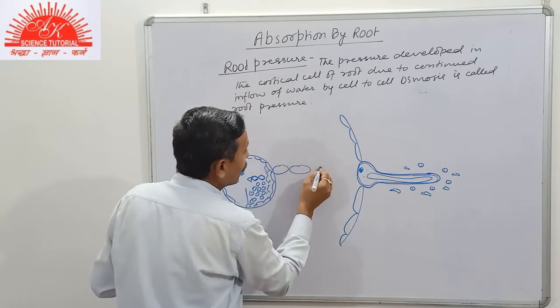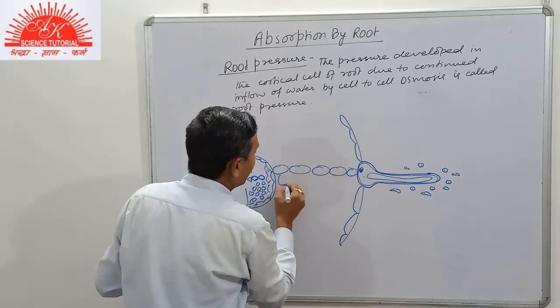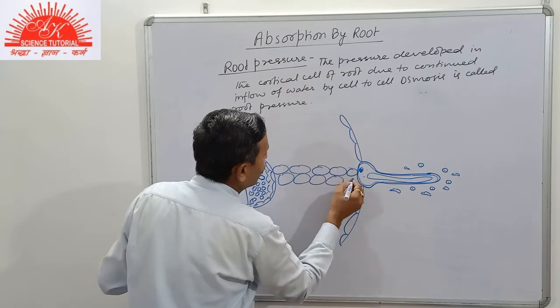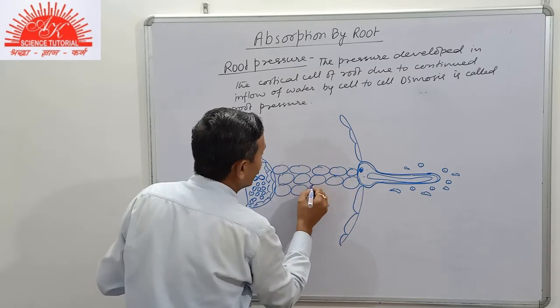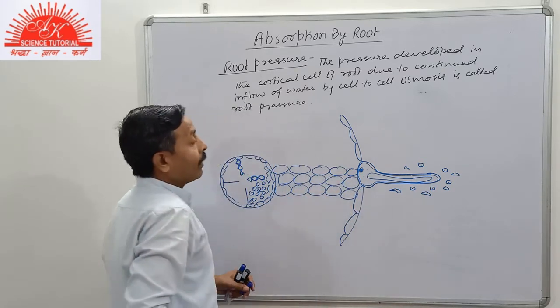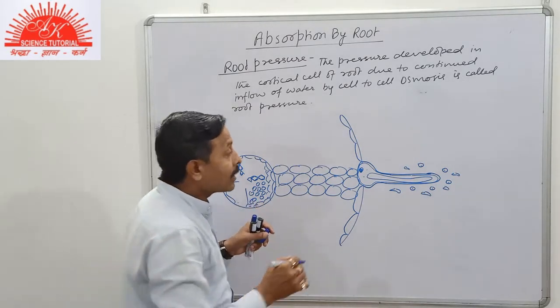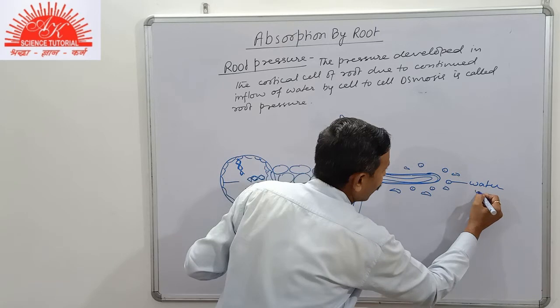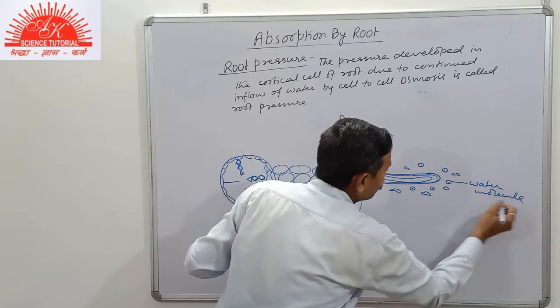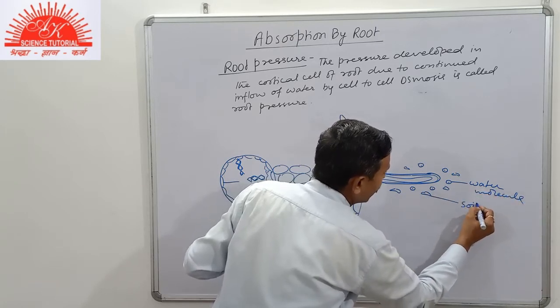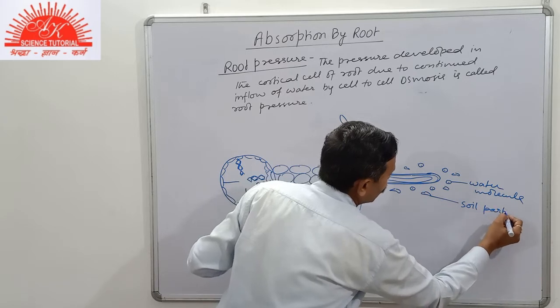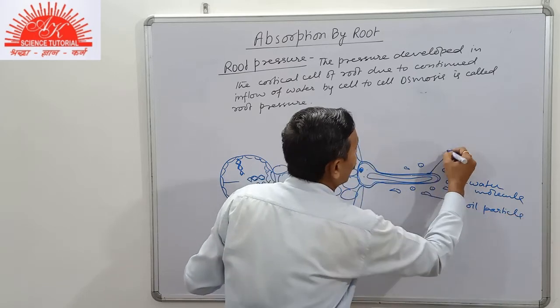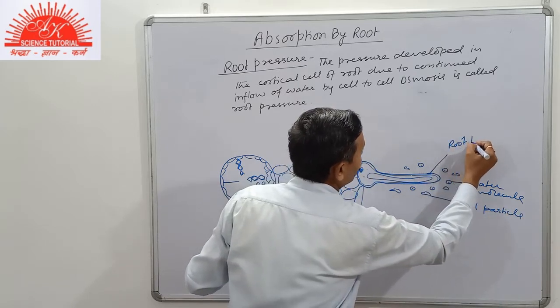There are also parenchymatous cells in this part, so there will be intercellular spaces too. Now we see, student, that this is due to osmosis. These are water molecules, this is a soil particle, and this is the root hair.